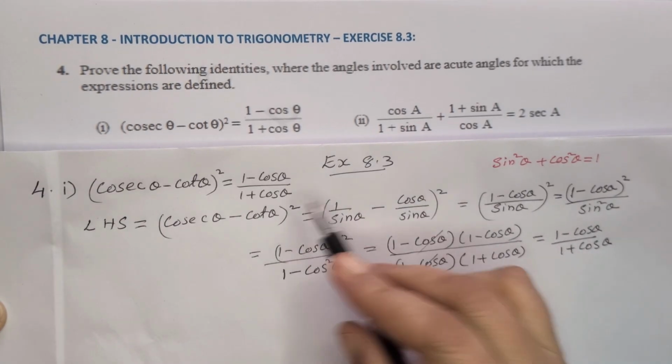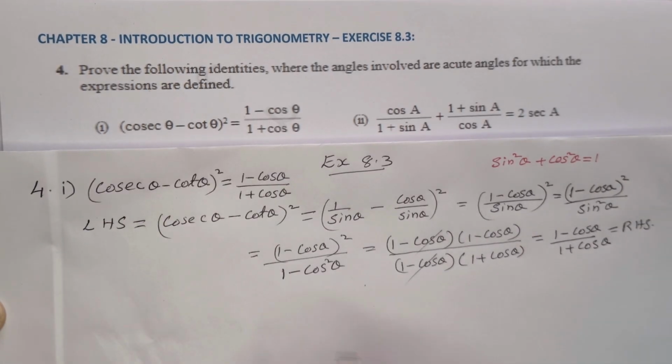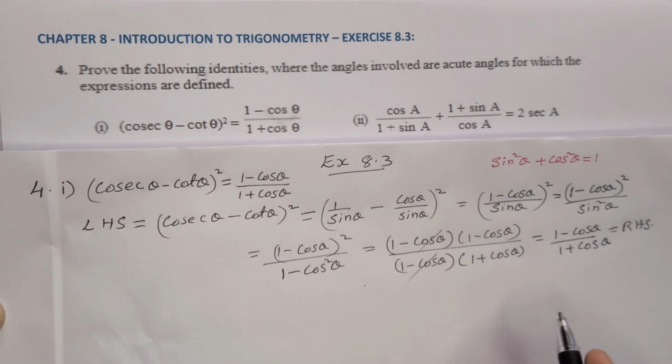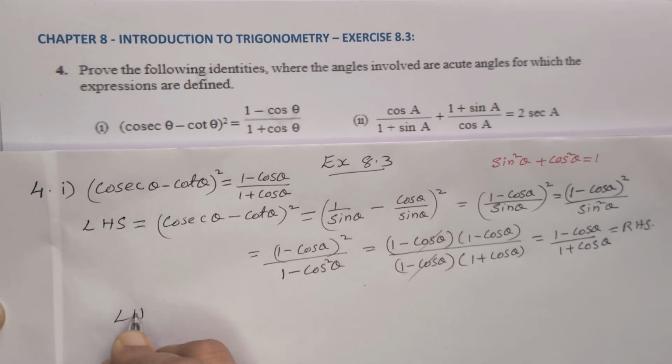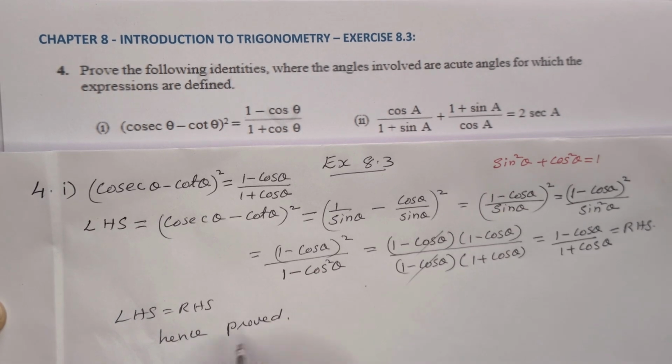That is same as the RHS. So we started from LHS and reached RHS. LHS is equal to RHS. So hence proved.